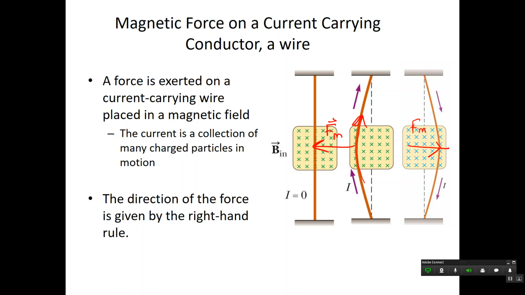But that's all fake, right? Because I told you guys that current isn't actually flowing in the positive direction. Current is actually flowing from the negative side. So then we should actually be doing the reverse of this direction. So it's not that positive charges are flowing this way. It's that negative charges are actually flowing that way, right? So let's use our left hand and see if we get the same result.